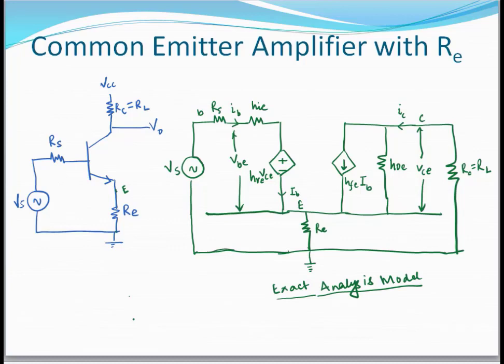The condition for approximate analysis was hoe RL less than or equal to 0.01 in case of without RE.